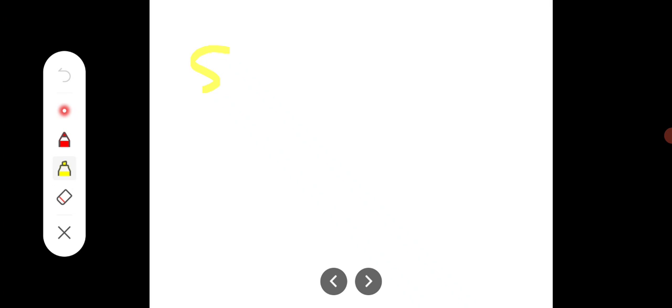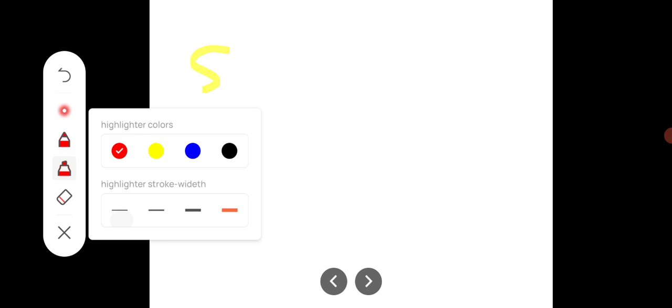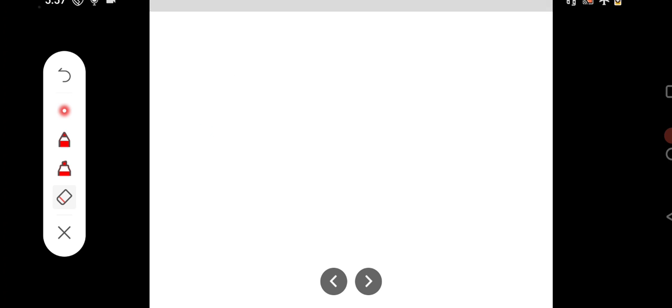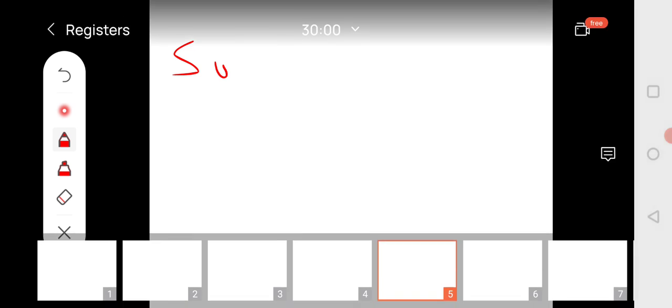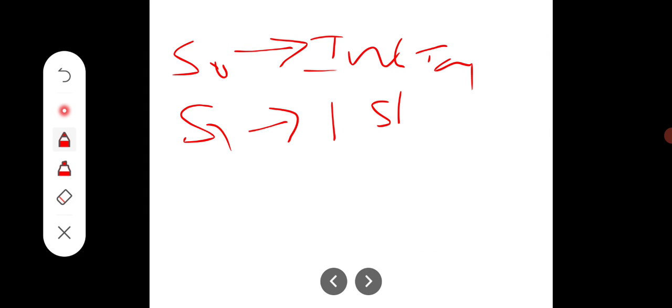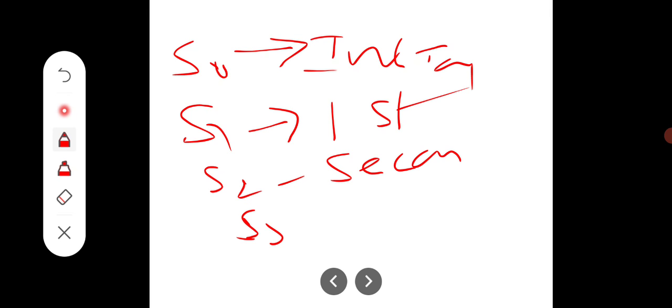The total number of states: S0 is the initial state, S1 for the first bit, S2 for the second bit, S3 for the third bit detection. So this is the procedure, right?